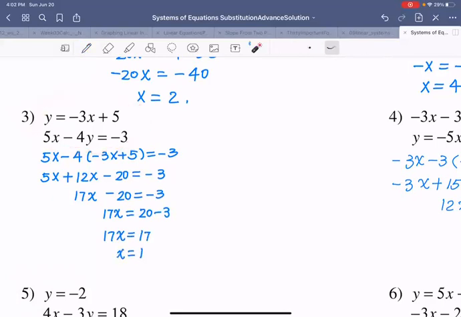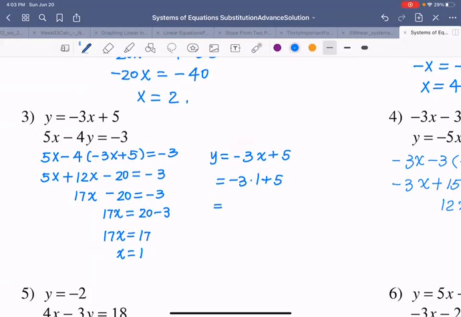Now, can you get the y? y equals negative 3x plus 5, which equals negative 3 times 1 plus 5.